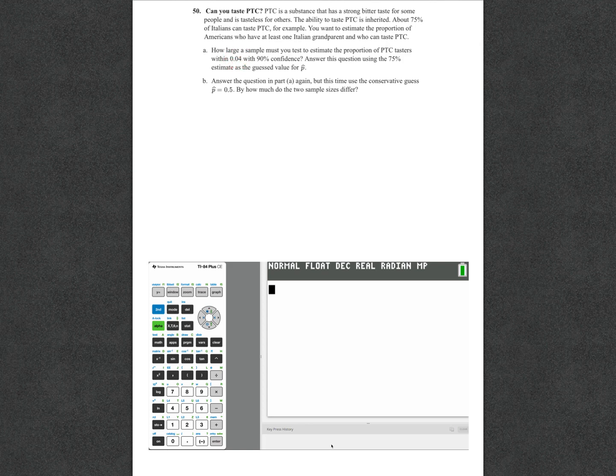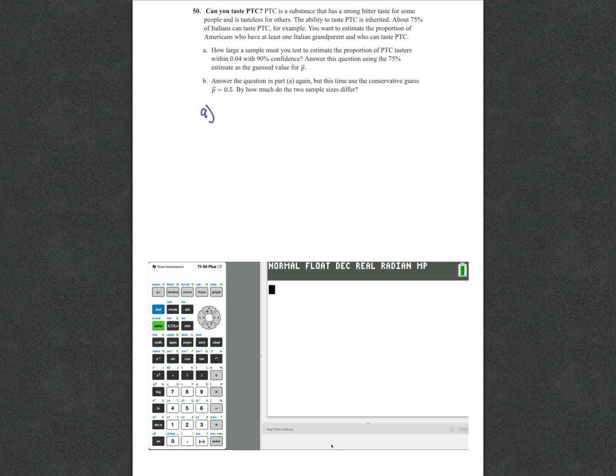They go on to say, answer this question using the 75% estimate as the guessed value for p hat. So 0.75 will be our point estimate, our p hat, and we'll use that in our standard error. Let's do this by hand first, and then we'll go to the calculator.